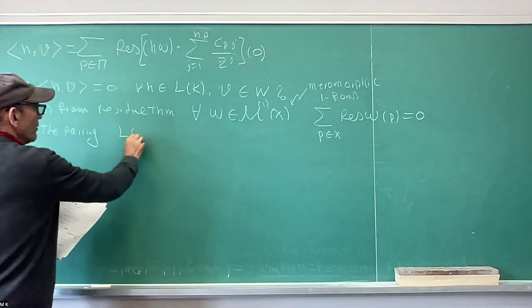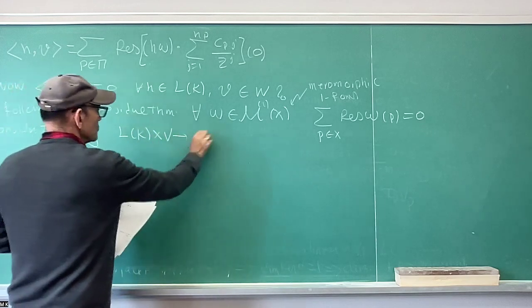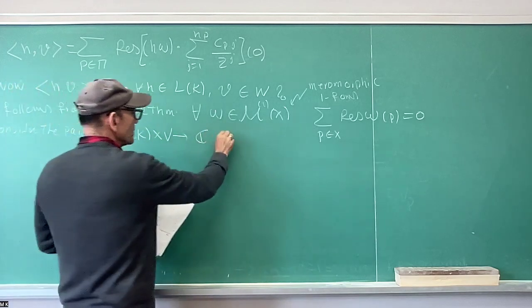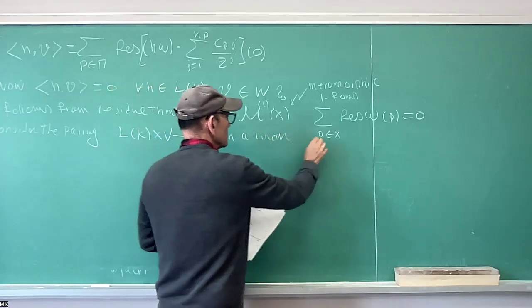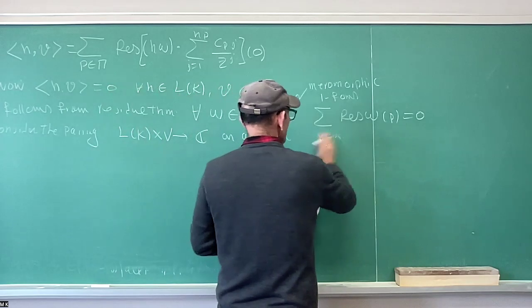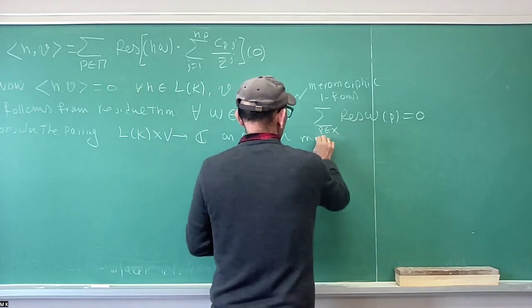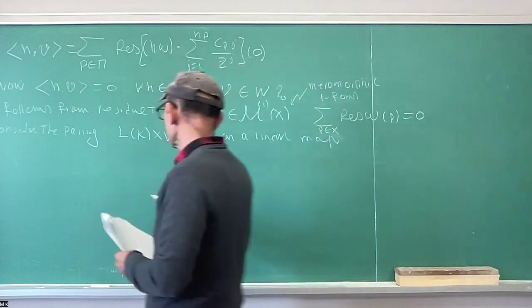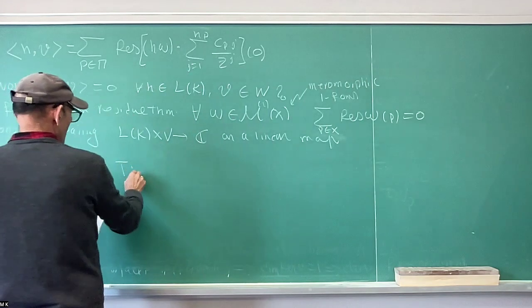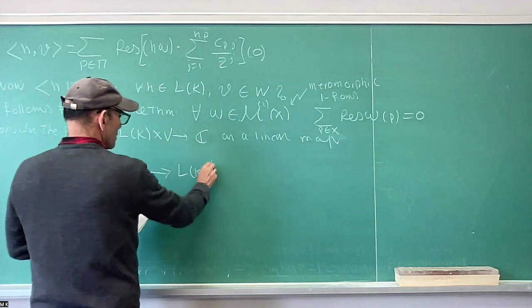Which is from L of K cross V to C as a linear map. There's some interesting linear algebra going on now, so I'll show you as a linear map T from V to L of K star.